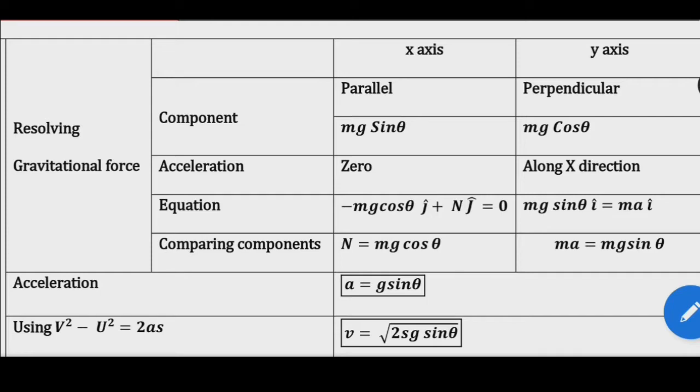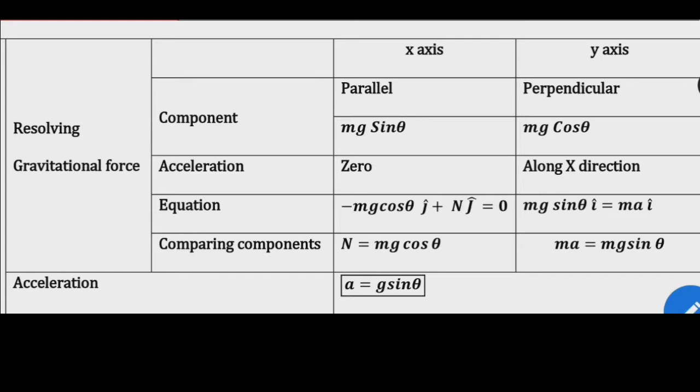The object slides along the x direction. Applying Newton's second law in the x direction, mg sin theta i cap is equal to ma i cap. So the i cap cancels. mg sin theta is equal to ma.